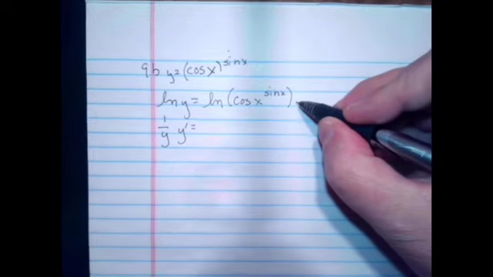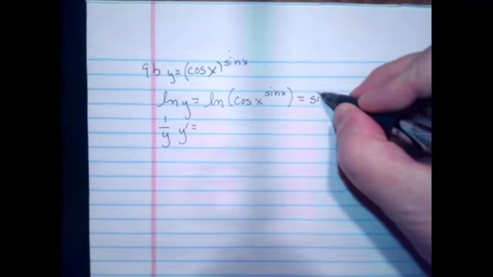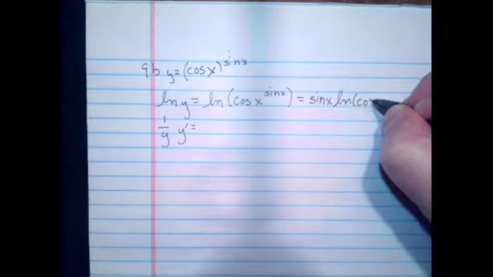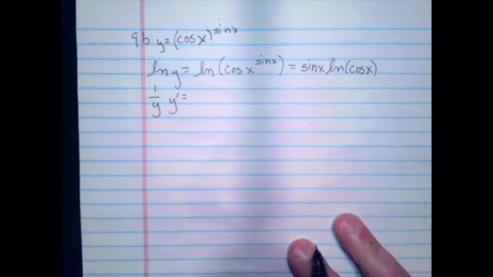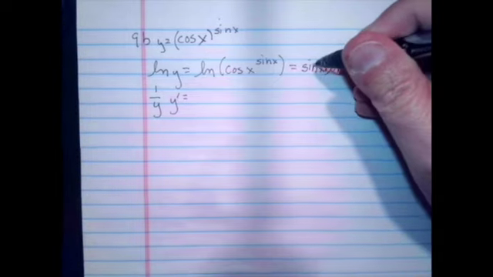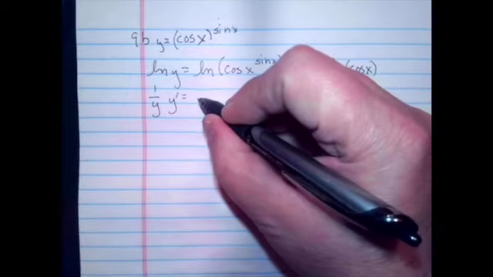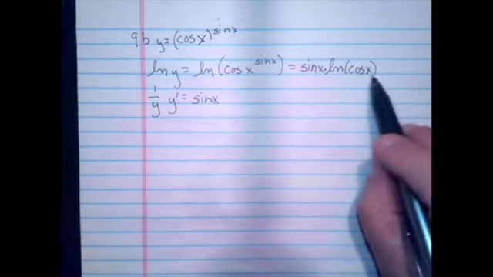Let's see, actually before we differentiate this side, I probably ought to rewrite it like this. Sine of x times the natural log of the cosine of x. Now, when we differentiate it, we'll be using the product rule. So we'll have sine of x times the derivative of the natural log of cosine of x.